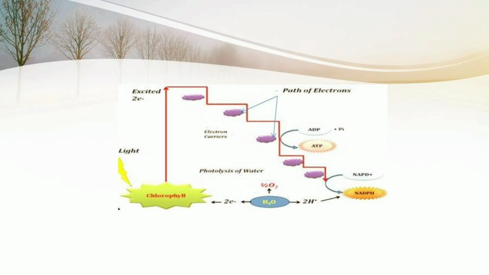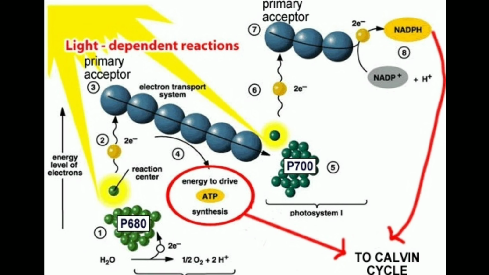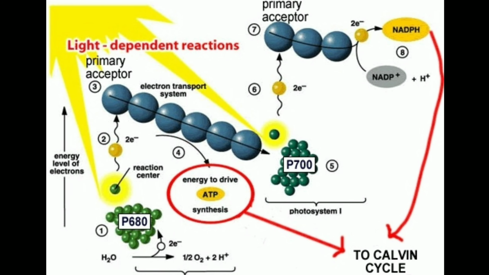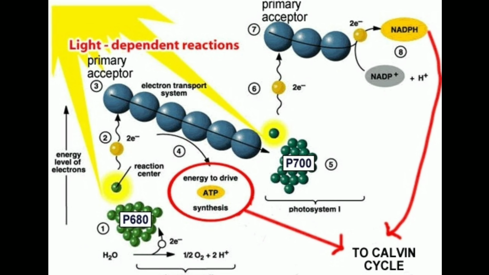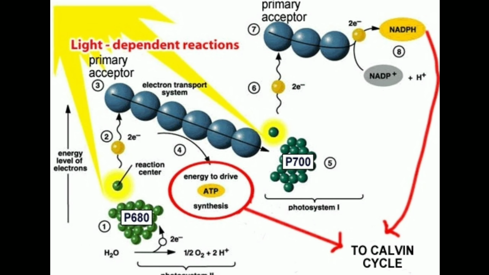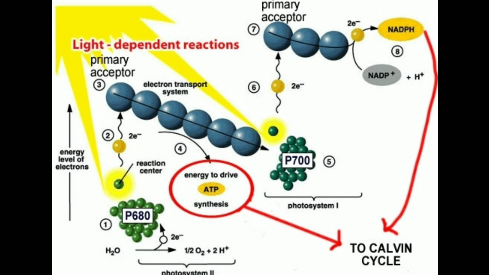The proton accepted from the stroma by the cytochrome is pumped into the lumen. As photosystem 2 loses a pair of electrons, they pass through the cytochrome to photosystem 1.